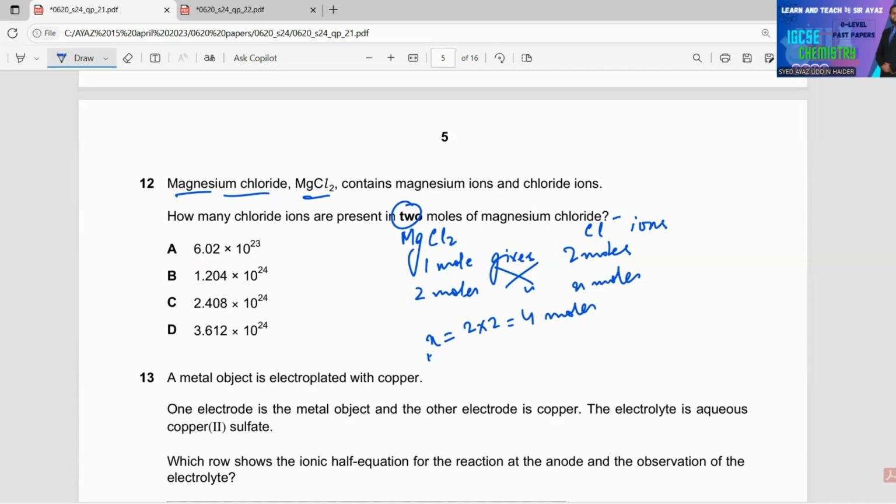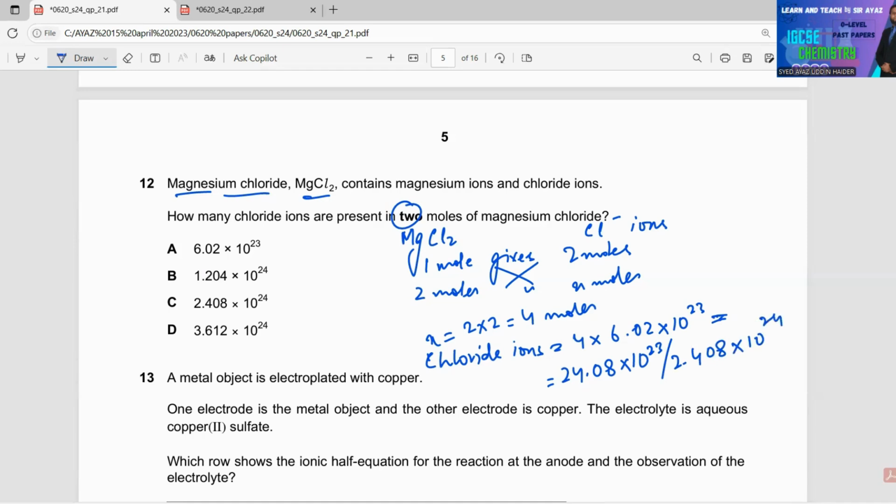So chloride ions equal 4 multiplied by 6.02 times 10 to the power 23. 4 multiplied by 6.02 is 24.08. 24.08 times 10 to the power 23, or it must be 2.408 times 10 to the power 24. So C must be the right answer in this case.